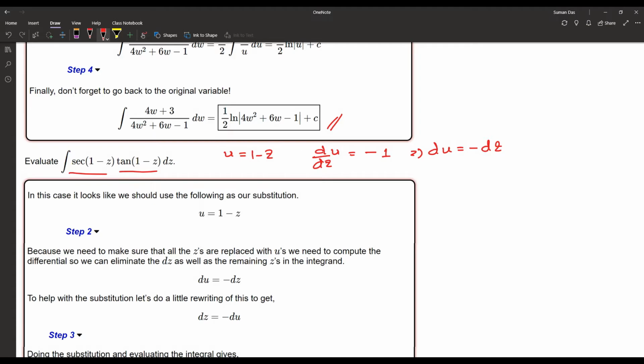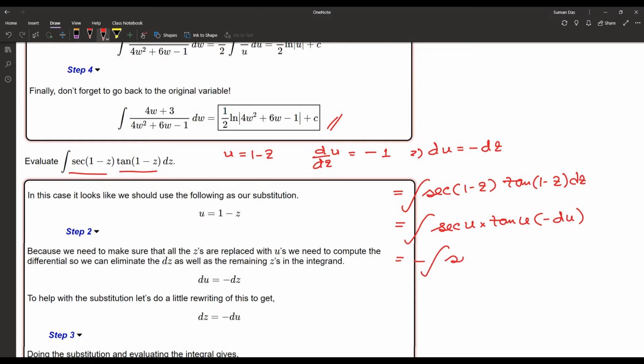So when we are replacing the thing here, sec of (1 - z) tan of (1 - z) dz is equal to sec of u into tan of u, and for dz that one is minus du. So we are keeping minus outside, so that one is sec u tan u du.